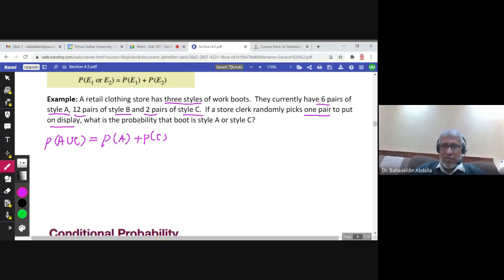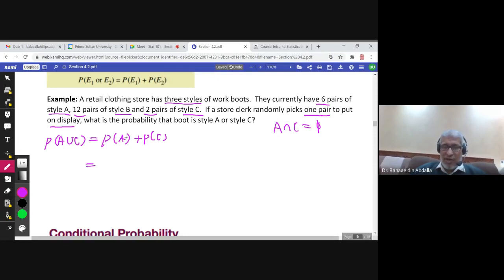Either the boot is from style A or from style C. So in fact, A intersection C here is phi. You can say a boot cannot have two styles. So the probability would be only the addition because the two events are mutually exclusive.